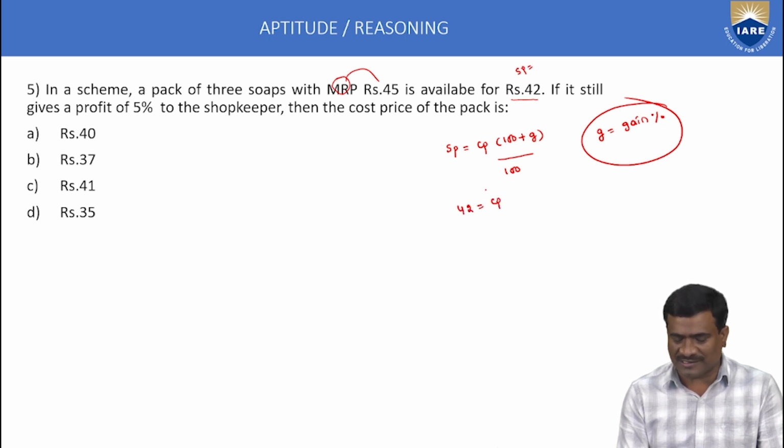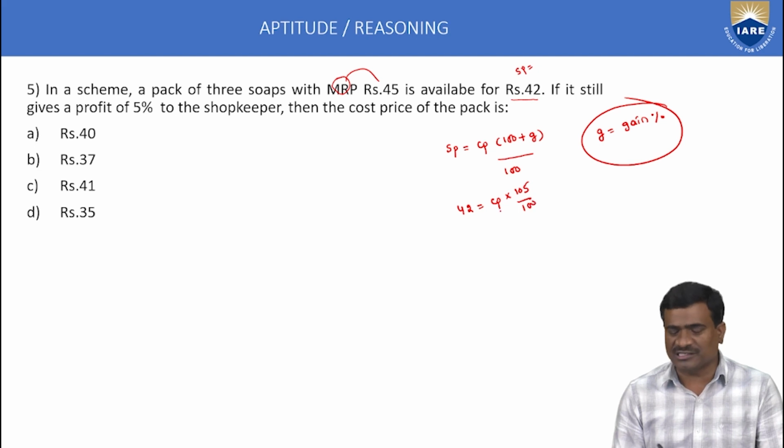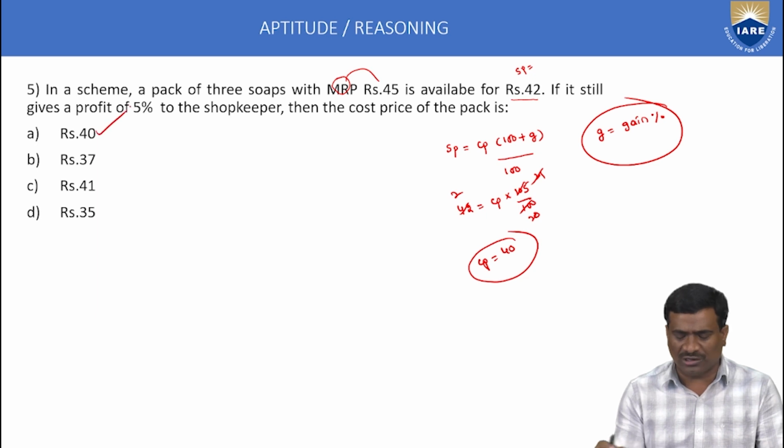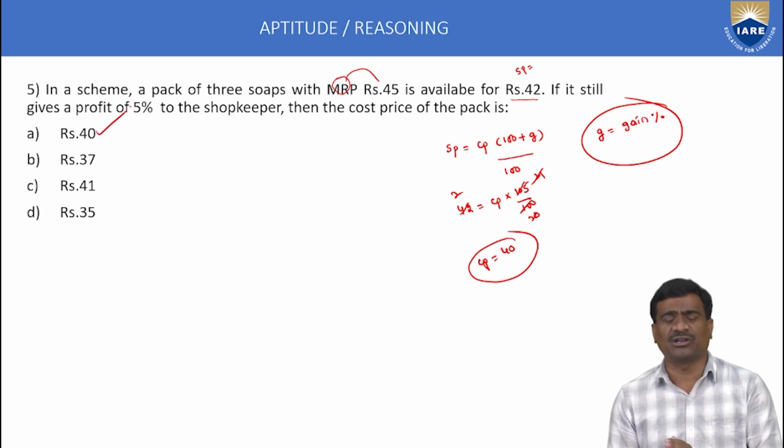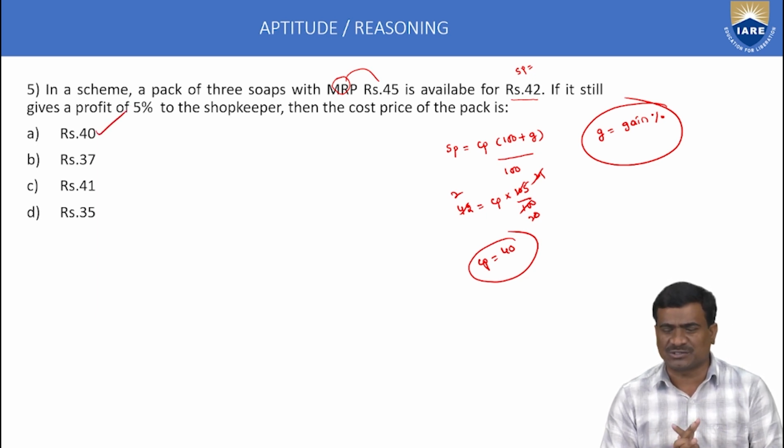Calculate the cost price of the pack. Gain means 5%, that is 105 by 100. Next part, simplification. 5 into 21, 5 into 20, 21 into 2. Therefore, cost price is equal to 40. Option A only is correct.